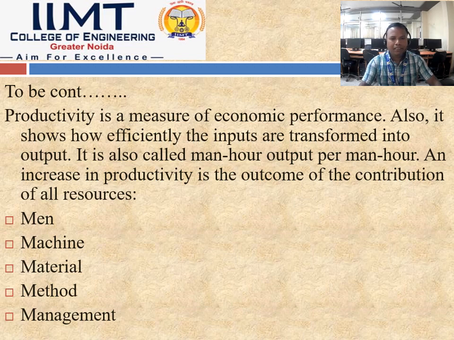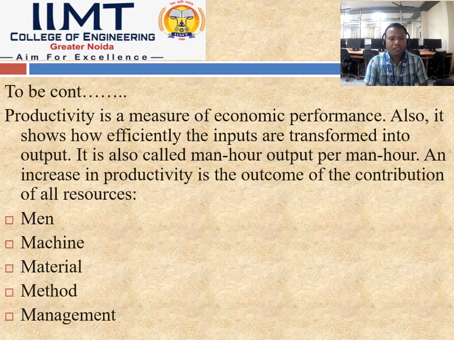Like man: if your working staff is good and skilled, then they are more productive than unhealthy, unskilled staff. Machines: advanced machines, use of automation. Material is raw material.